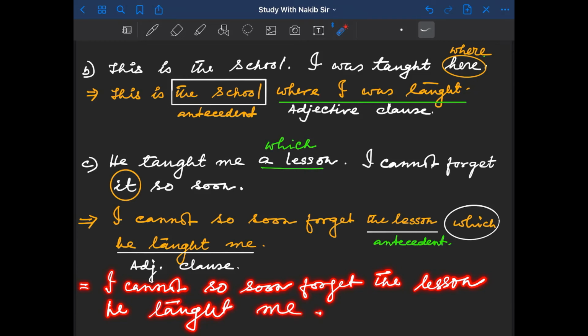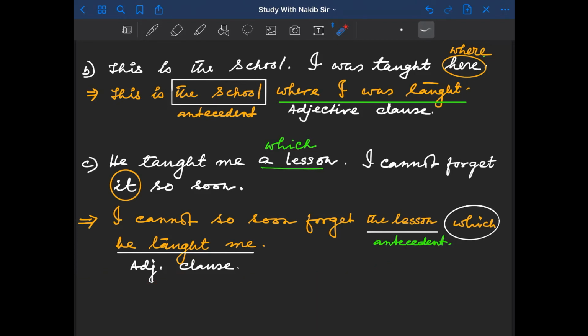See here, which is not written, which is dropped here. But you must know, if by chance you write this in the examination hall, your answer is correct. Your answer will be evaluated as a correct answer. So your combined form is, I cannot so soon forget the lesson which he taught me, or I cannot so soon forget the lesson he taught me.